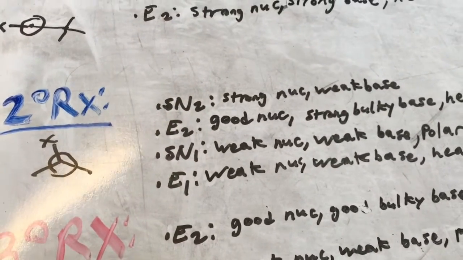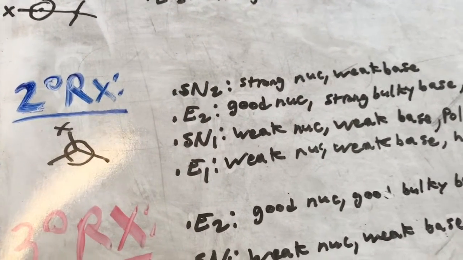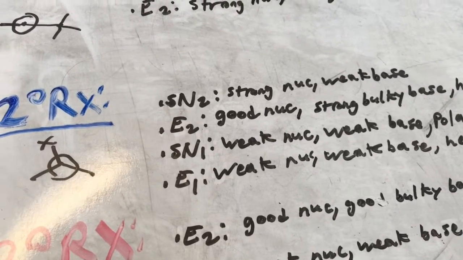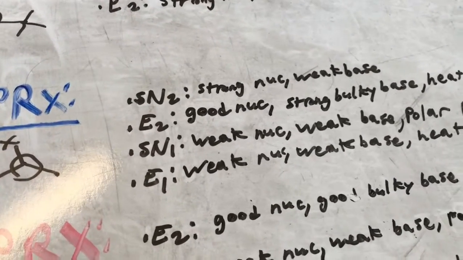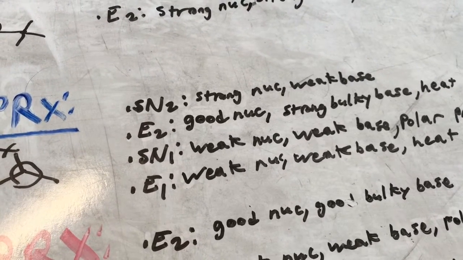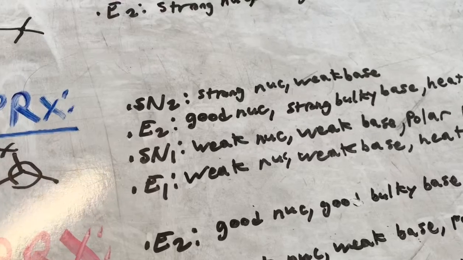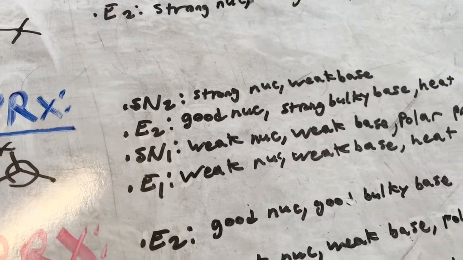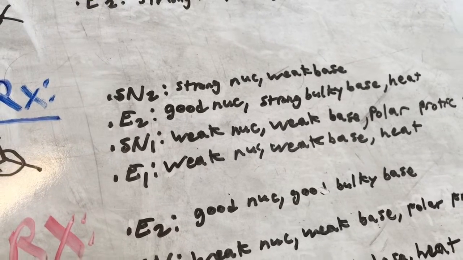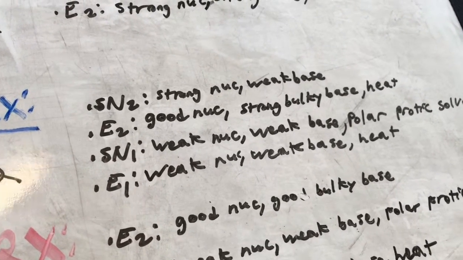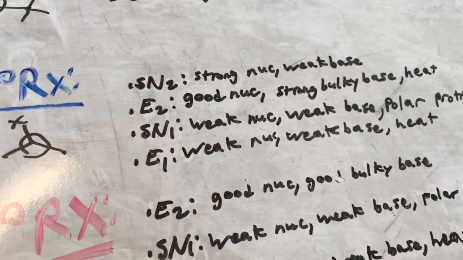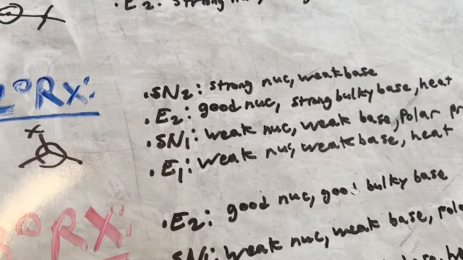In the secondary alkyl halide, you can do SN2, E2, SN1, or E1. You can do all of them. SN2 with a strong nucleophile and weak base, E2 with a strong nucleophile and base, where the base is bulky and you're applying heat. SN1, you have a weak nucleophile and weak base, and it's polar protic.